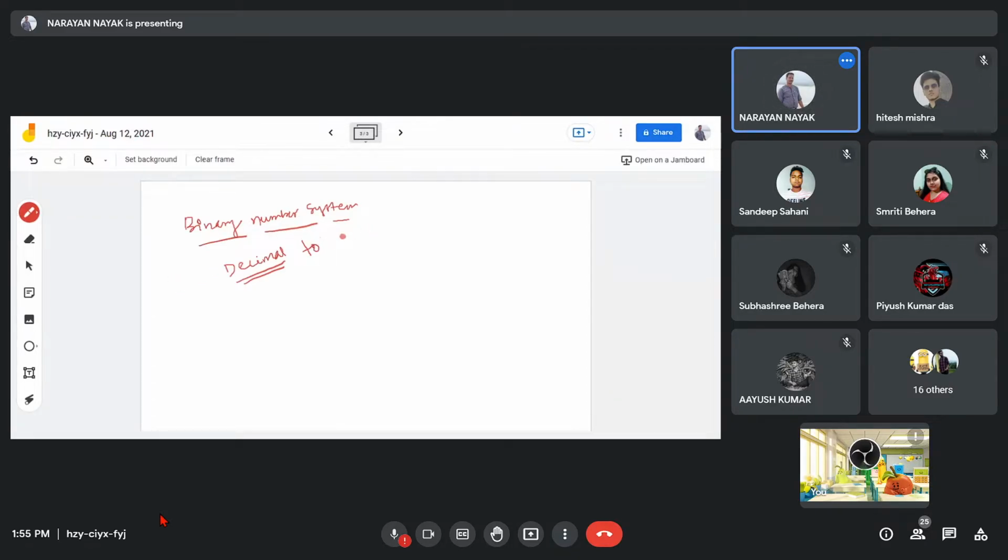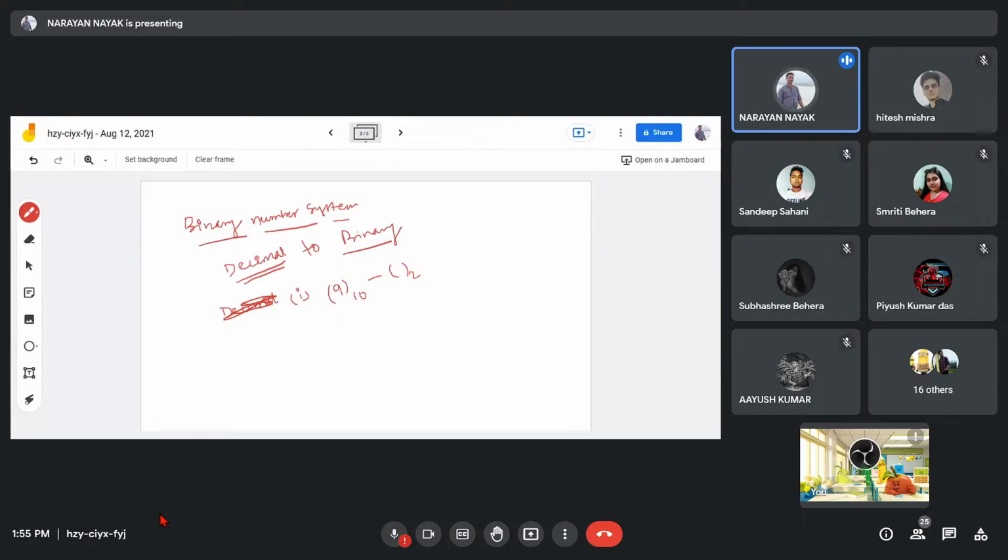Decimal to binary means a decimal number is given and you have to convert it into binary form. Let us say the first example is 9, and it is asked what is the binary form.